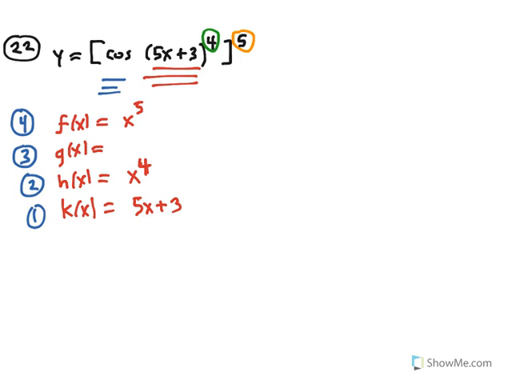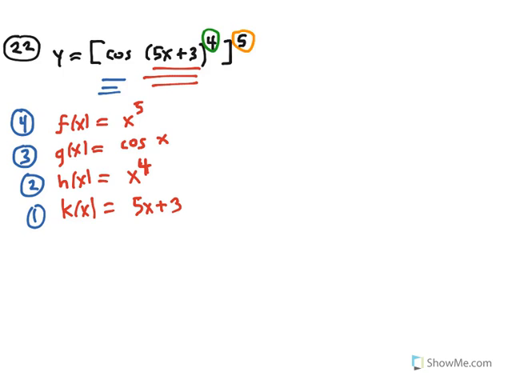And what are we doing after that? We're taking cosine. So our third function would be cosine of x. And finally, the last thing that we do is we take the output from the cosine function and we raise that to the 5th power. So the fourth function is raising to the 5th power, x to the 5th.